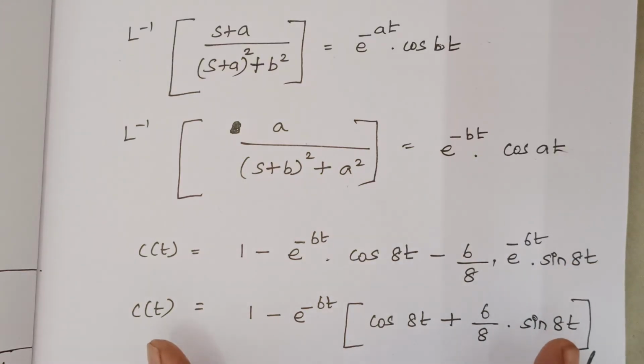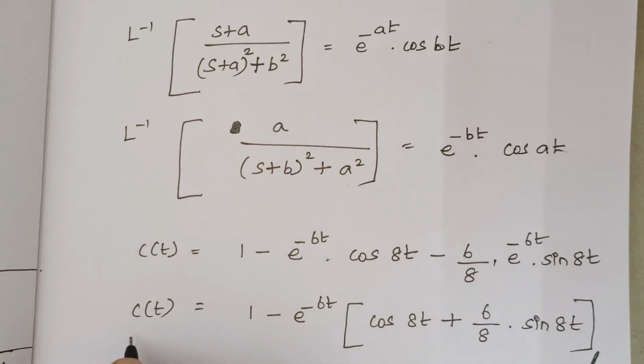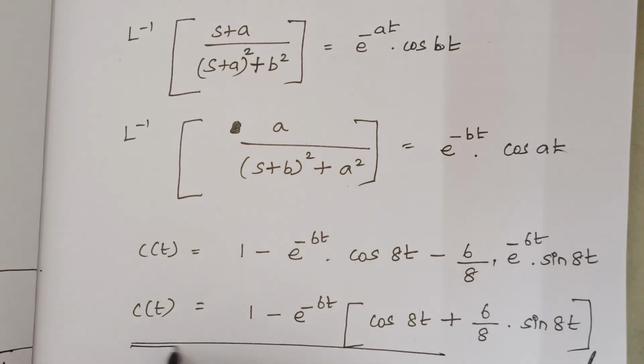That is, this is our final answer. The question is, we are asked to find the final output response. So whenever response is asked, our final expression should contain only t terms, that is response in terms of time. So C of t is nothing but this, our final answer. Hope you people understand the problem. Thank you.